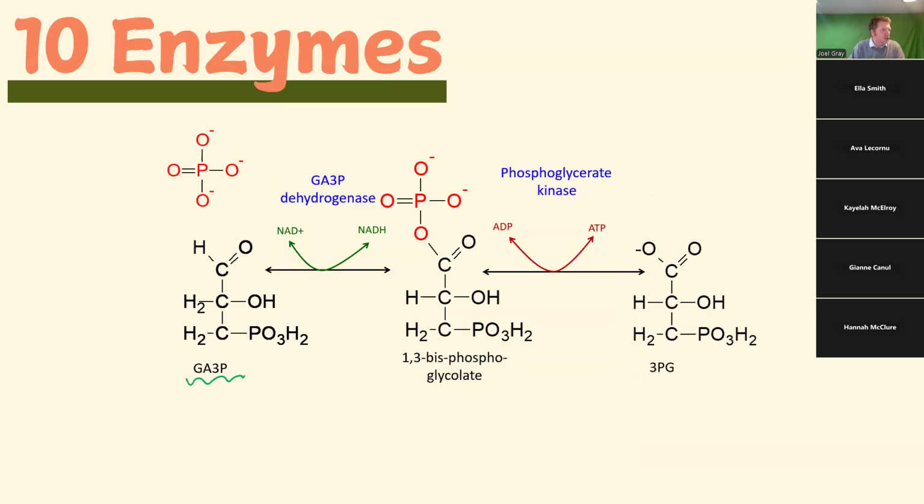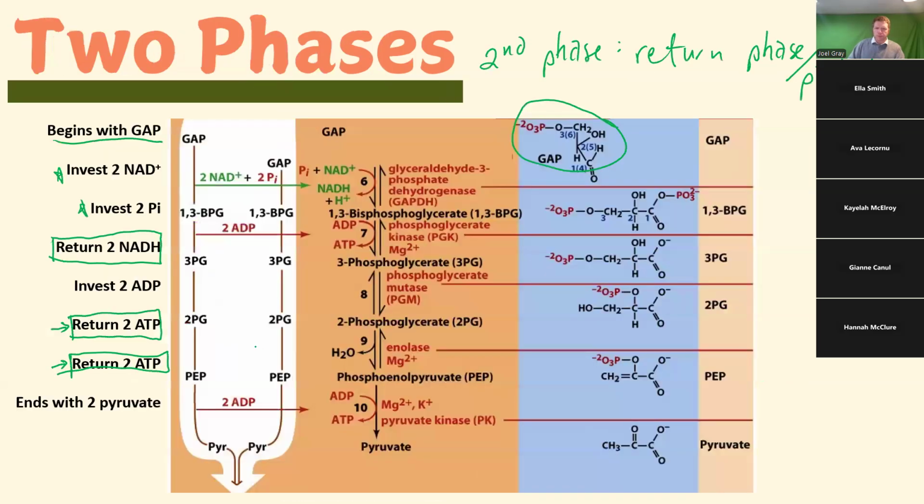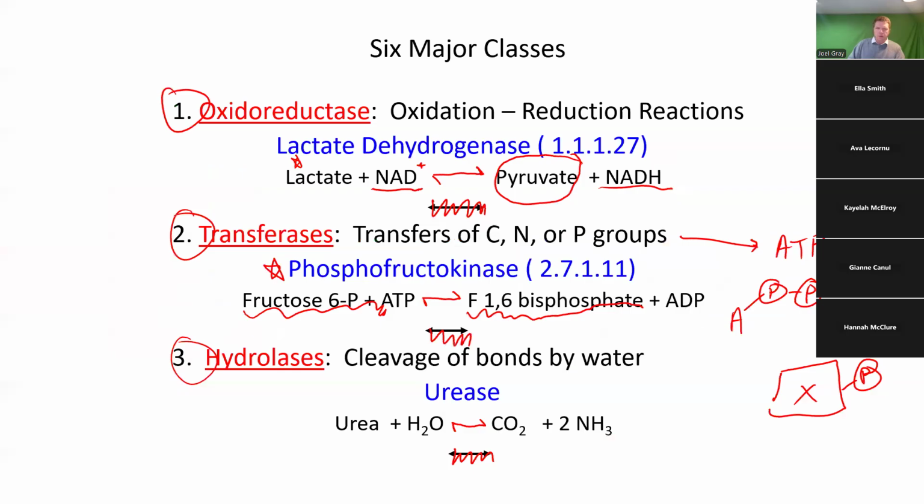The first step in the return phase of glycolysis is we take our glyceraldehyde 3-phosphate, which is this molecule, and we phosphorylate it. We are going to use an inorganic phosphate molecule and add it to make 1,3-bisphosphoglycerate. Could anyone tell me how you would classify this enzyme? Before you answer, I want to take you back to this slide right here.